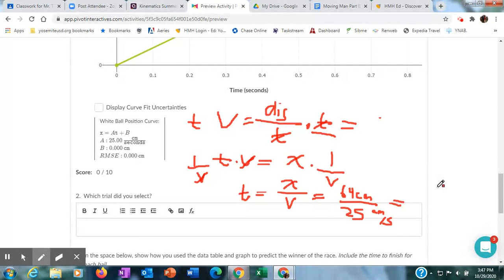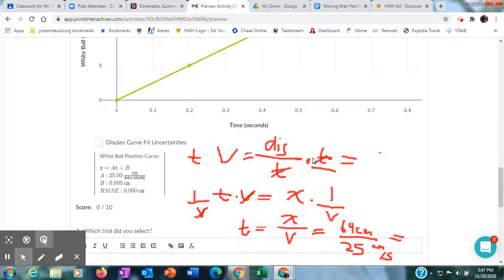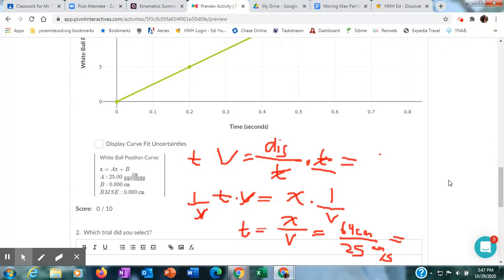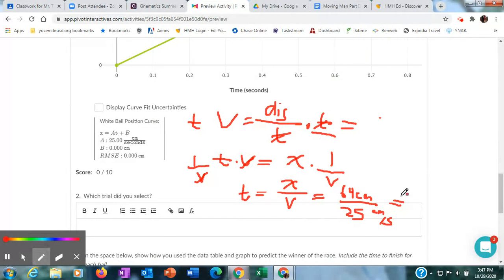Therefore, I should get the same thing as above, which is 2.56 seconds. Either way works. I'm just giving you all the tools so that you are able to understand what is happening here.